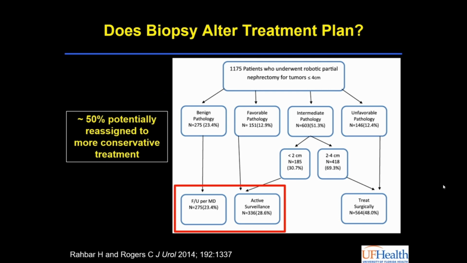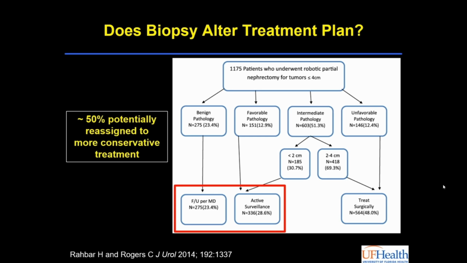Well, the natural question is, does biopsy alter treatment? Now, this is a study by a group at Henry Ford. This is a multi-institutional series, but headed by the Henry Ford group, where they retrospectively applied that scheme to close to 1,200 patients that underwent a robotic partial nephrectomy.